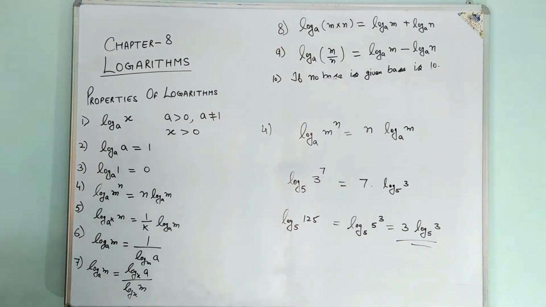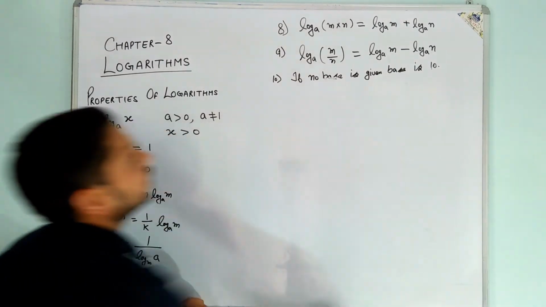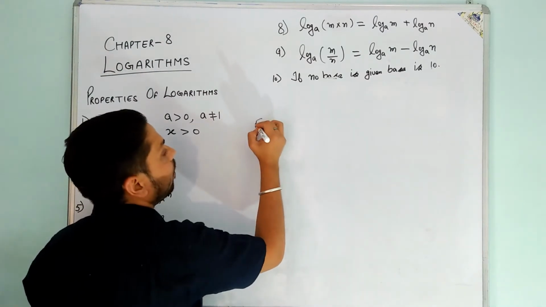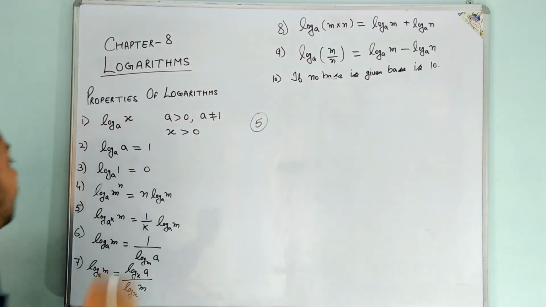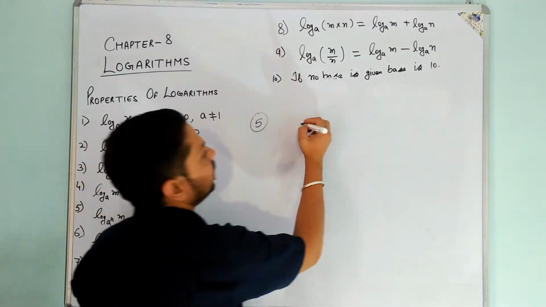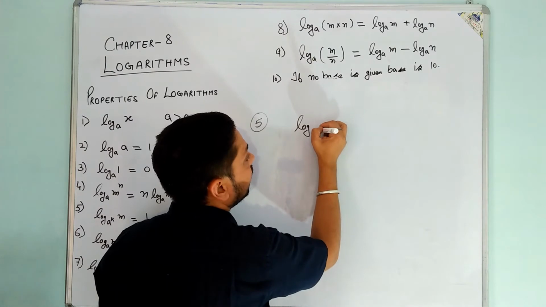Okay, next property, here we have the fifth property. If the base has a power, log of m with base a raised to power k.